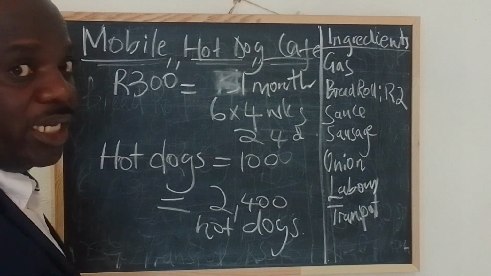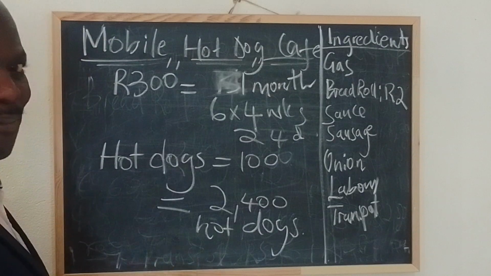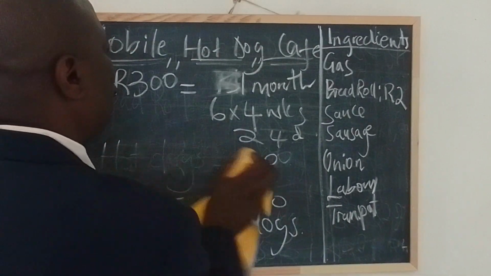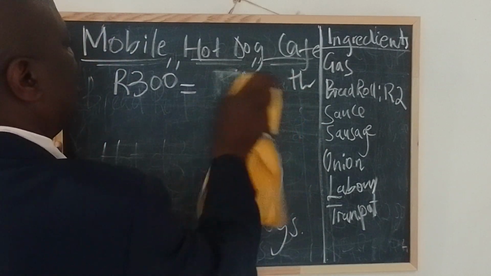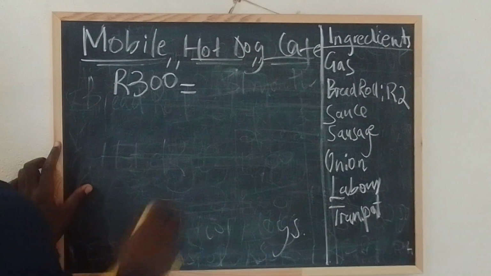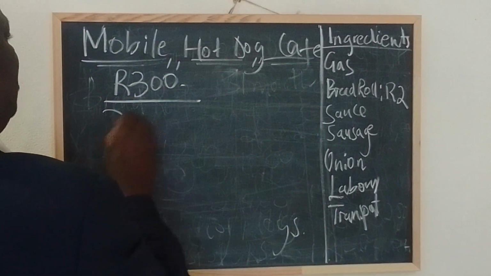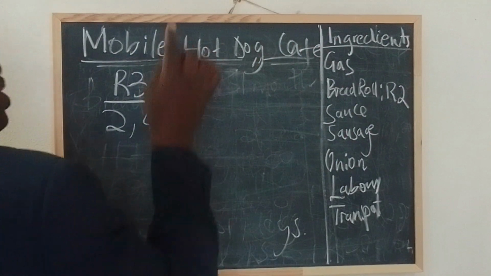Who must pay for the gas? Every hot dog that we sell must give us back the cost of the gas before we even talk about the profit. So our calculation is going to be simple. We are going to take the price at which we fill the gas and divide by the hot dogs sold to the customer.